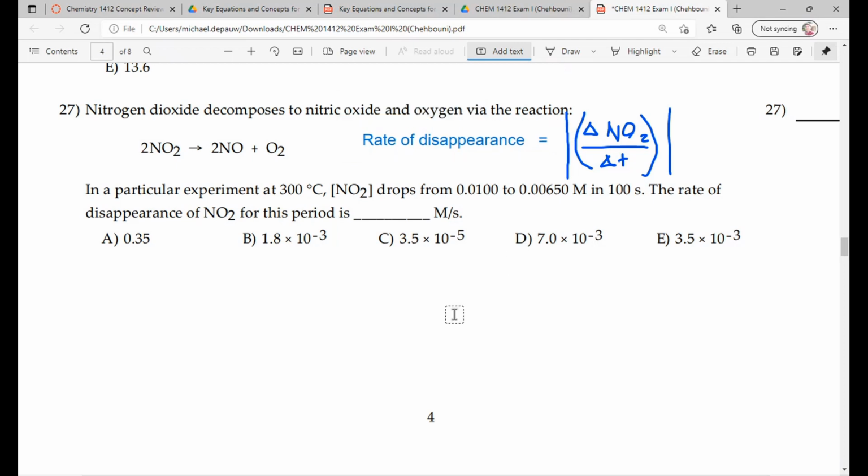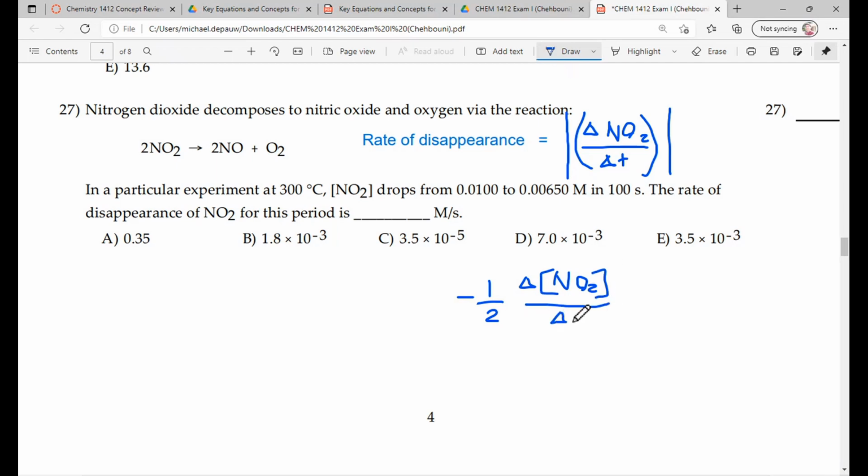If you were wanting the rate of the actual reaction, then you would express it as negative 1/2 times the change in the concentration of NO2 over the change in time.